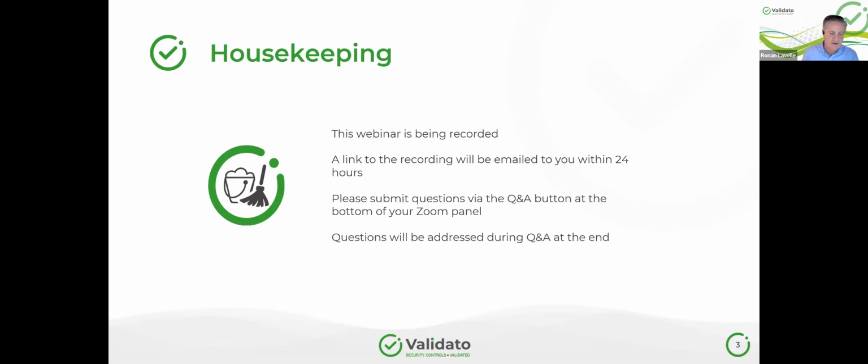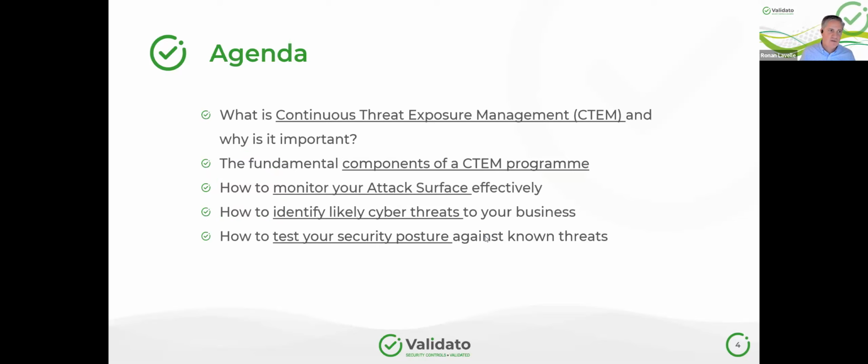So today's webinar is all about a very exciting new market in the enterprise security space that Gartner has created or defined as continuous threat exposure management. I'll talk more about that in a moment, but we're going to cover what is it, why is it important to you, what makes up a continuous threat exposure management program, how could you implement this in your company, and then we're going to split out a couple of the key components of that.